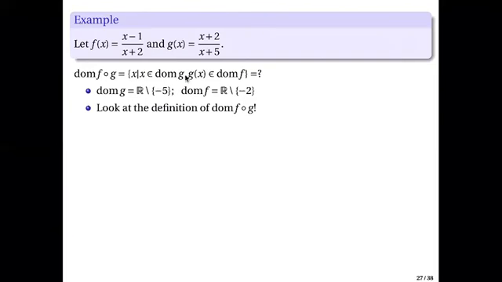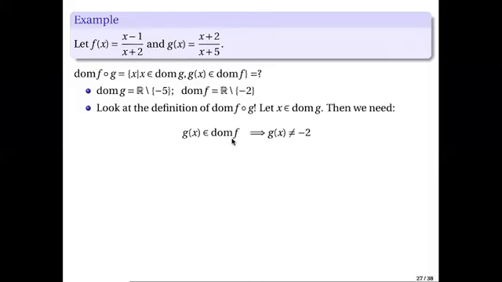So let x be in the domain of g, which means x cannot be -5 already. Then we need g of x not equal to -2.